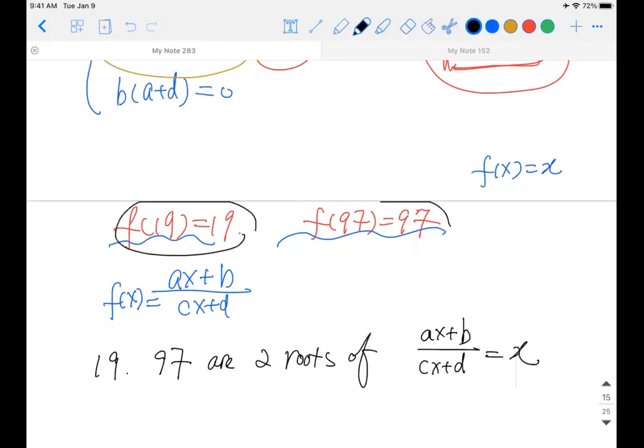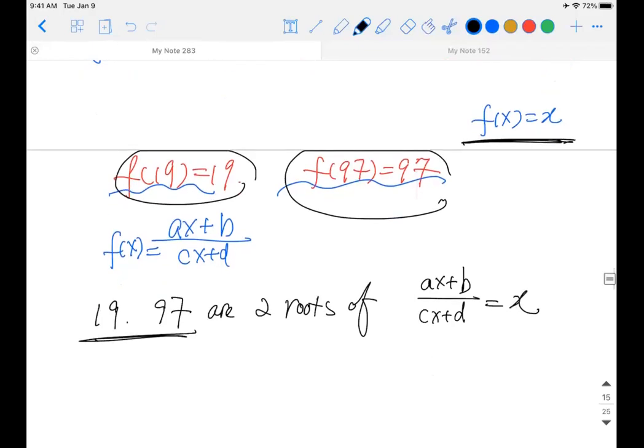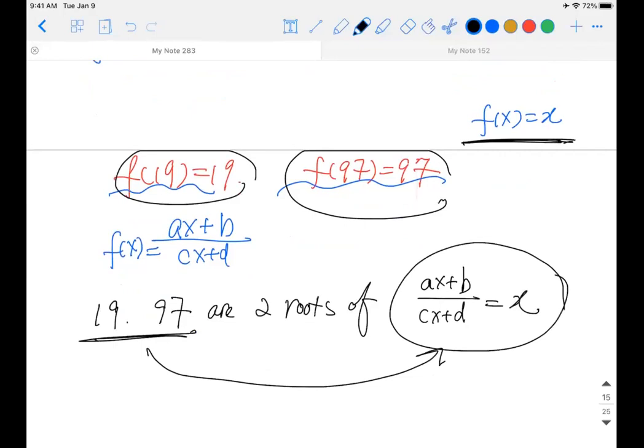They both satisfy f(x) equals x. That means these two values are the two roots of such an expression. This is a quadratic equation, so it has two roots: one is 19, one is 97.